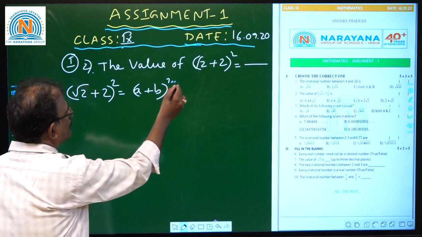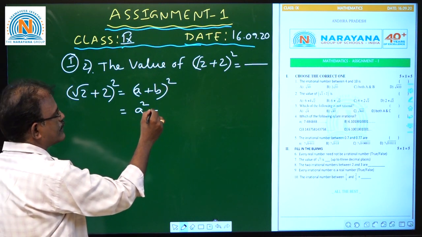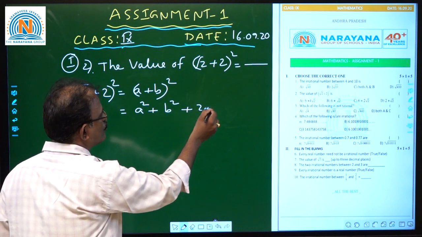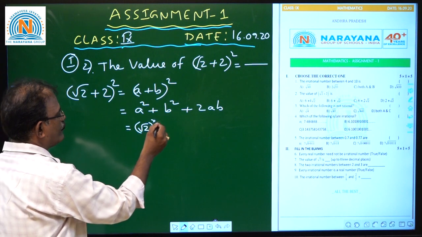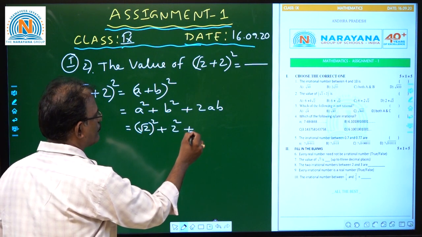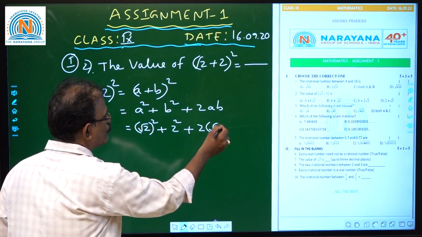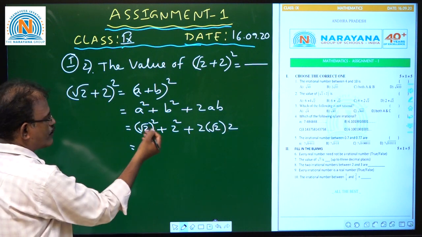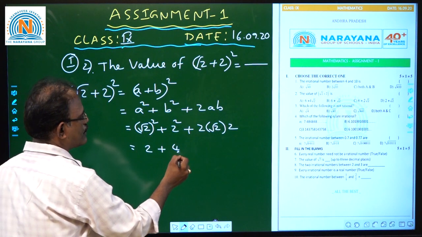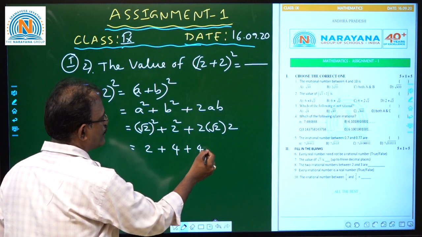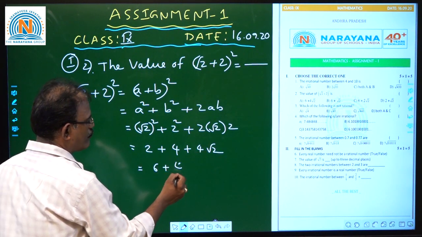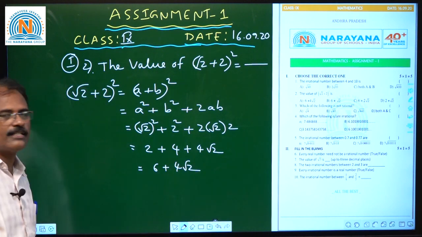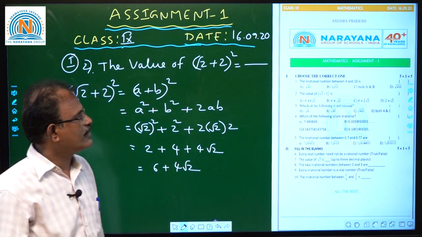We know very well the formula for (A plus B) whole square is A square plus B square plus 2AB. So this is root 2 whole square, which is 2, plus 2 square, which is 4, plus 2 into root 2 into 2, which is 4 root 2. So 2 plus 4 is 6, plus 4 root 2. 6 plus 4 root 2 is the value of (root 2 plus 2) whole square.